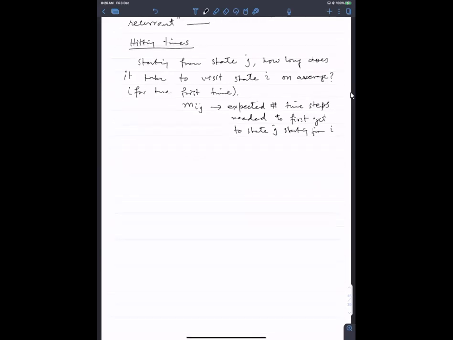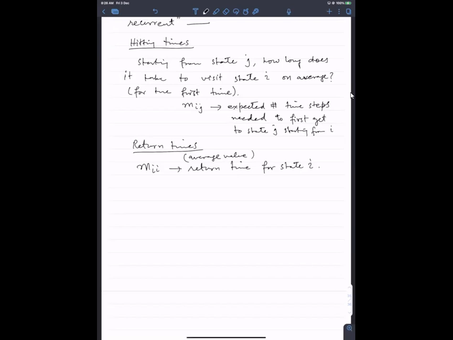And then I also define what we call return times. Return times means you start from a state and you come back to the same state. So Mii is the return time for state i, and this is an average value.